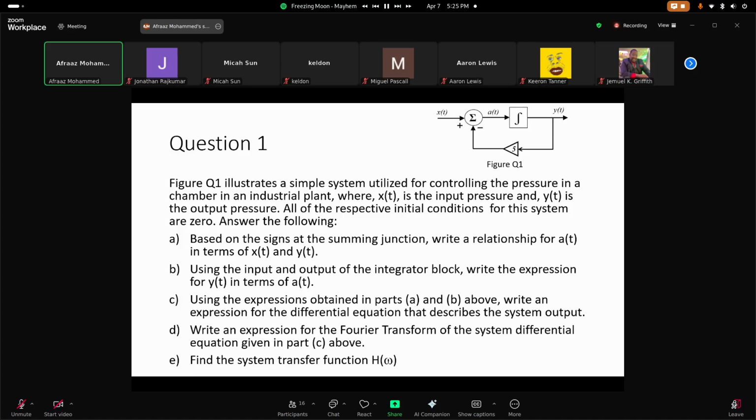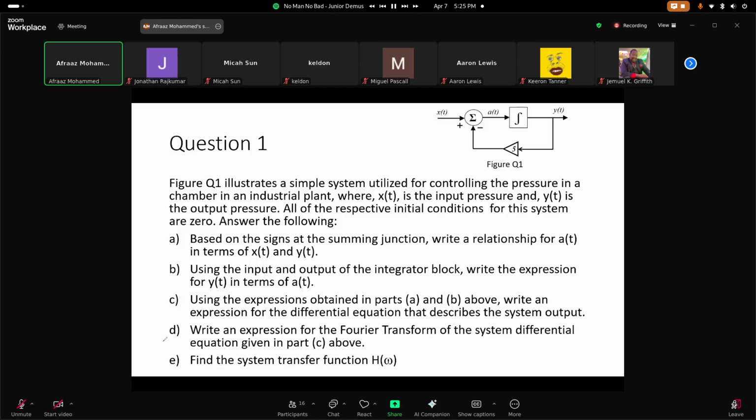If you look at this question here, the figure illustrates a simple system utilized for controlling the pressure in a chamber in an industrial plant, where x of t, the input, is the input pressure, and y of t is the output pressure of the system. All the respective initial conditions for the system are 0.